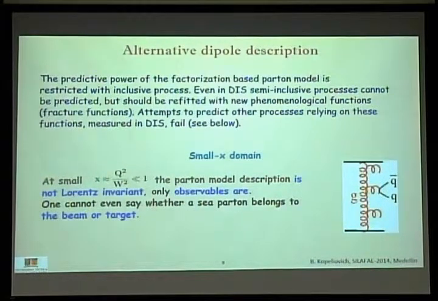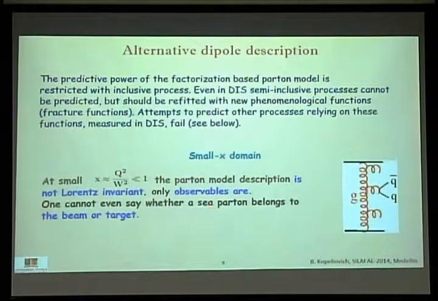You cannot. You have to introduce a new function, the diffractive structure function, and make a new fit to diffractive data, which is possible, but it's not exciting business when you have to introduce every time new parameters and describe the data. And in this respect, this alternative description has some advantages.